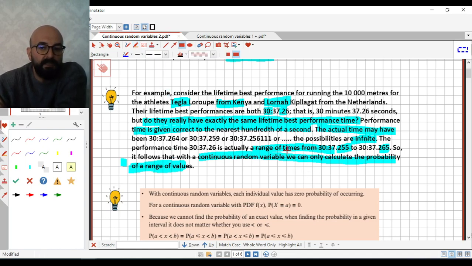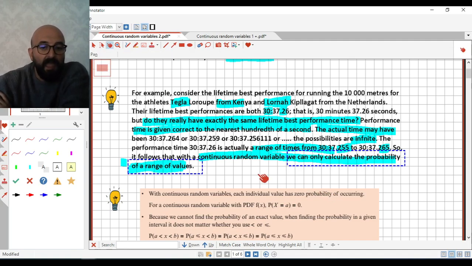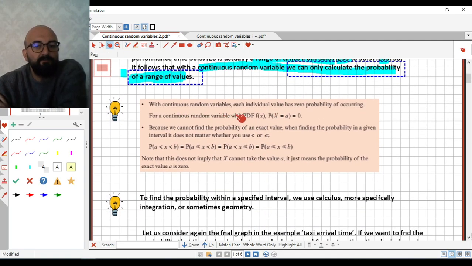Please notice that we can only calculate the probability of a range of values. We can't calculate the probability of an exact value. With continuous random variables, each individual value has zero probability of occurring.